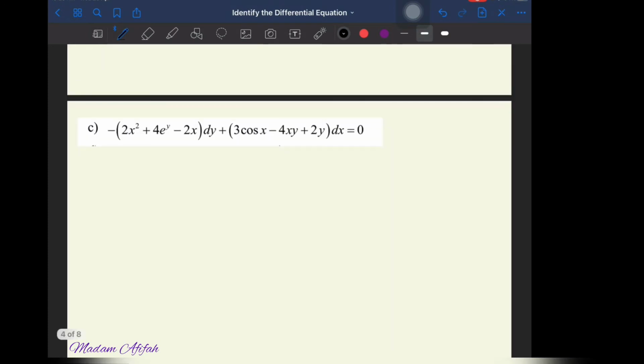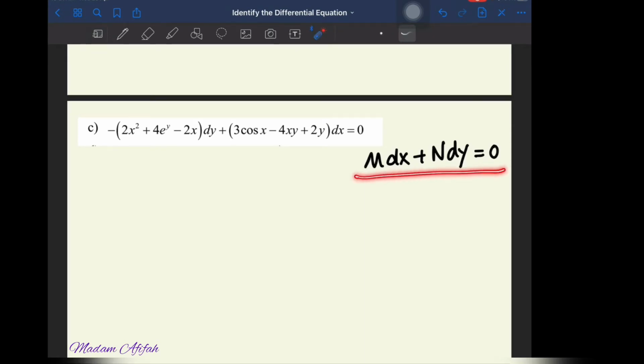The next one here, C. Again you are given the differential equation in this form, so you might first think this might be an exact equation. What you can do is write the general form of exact equation, which is M dx plus N dy equals 0.